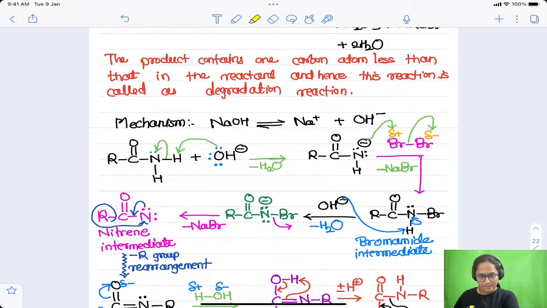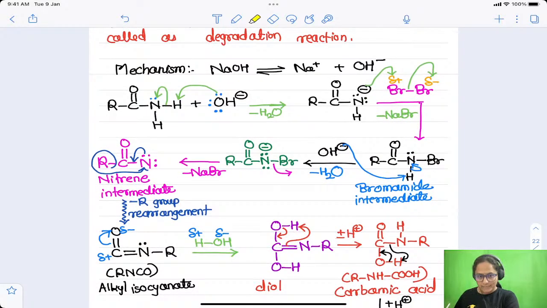Very, very important: in the nitrene intermediate, nitrogen carries two lone pairs of electrons. Therefore, there is a rearrangement of the R group. The lone pair of electrons on nitrogen is shifted in between carbon and nitrogen, and the R group along with the bonding electrons gets shifted onto nitrogen.